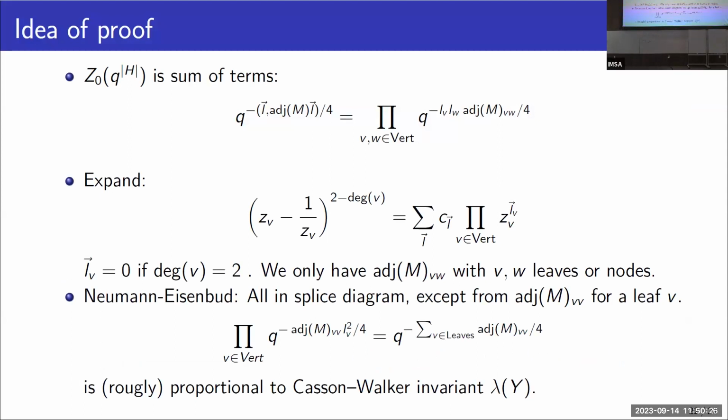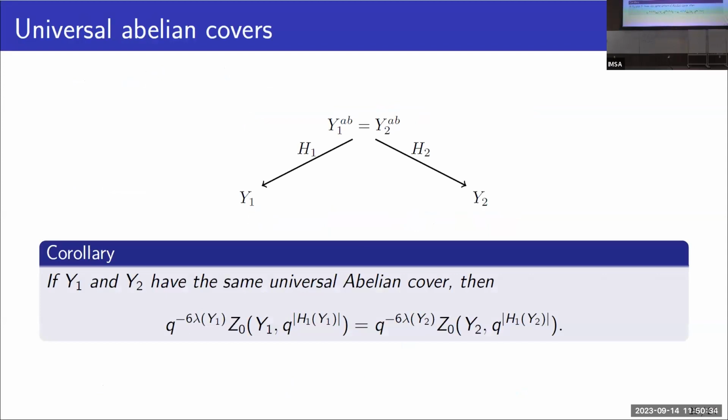Any questions? Okay, I have like 10 minutes, right? Or 5? Yeah. So there is this nice corollary of this theorem, and that says that if we have two manifolds which have the same universal Abelian cover, so I didn't say this, but the splice diagram, the original motivation to even define this notion was to study singularities, and it was to study universal Abelian covers of singularities.